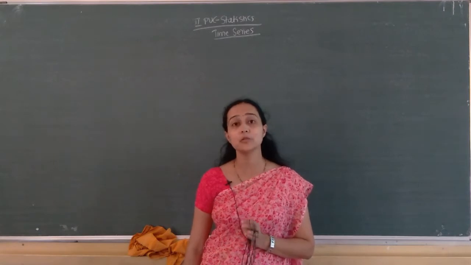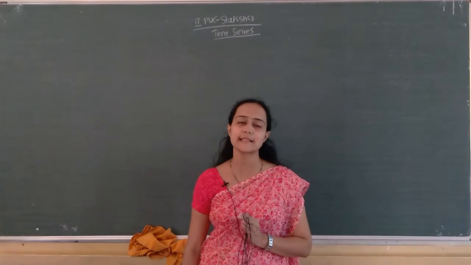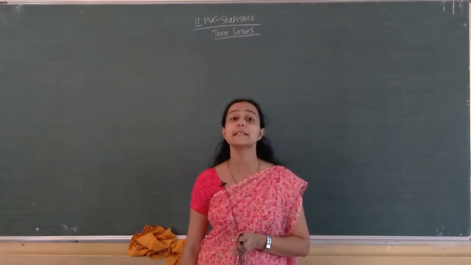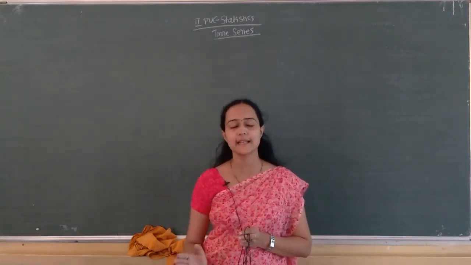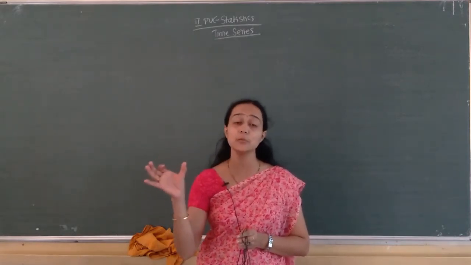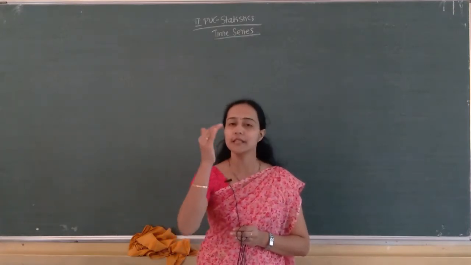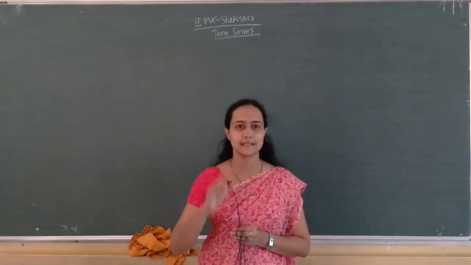Next we came to centered moving averages. Centered moving averages are calculated when the period of the moving average is even, that is, 2 yearly, 4 yearly, 6 yearly. At that time the moving totals don't coincide with the actual time periods, so they come in the middlemost, in between 2 years.